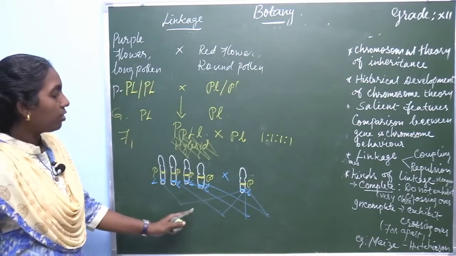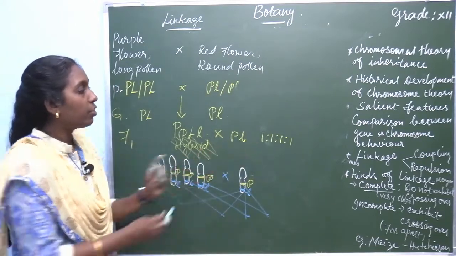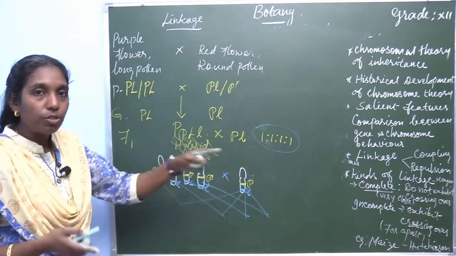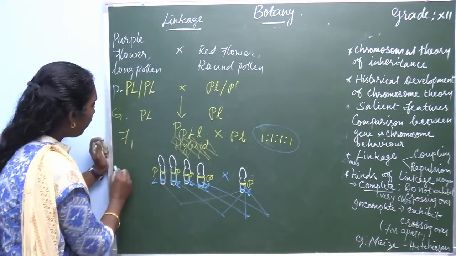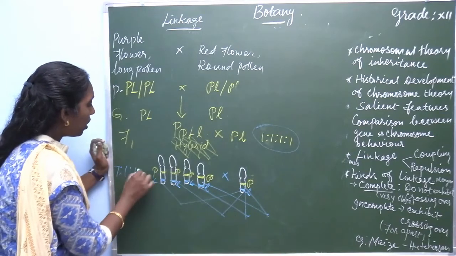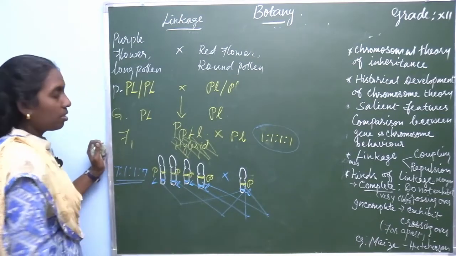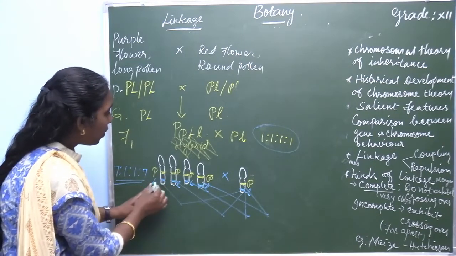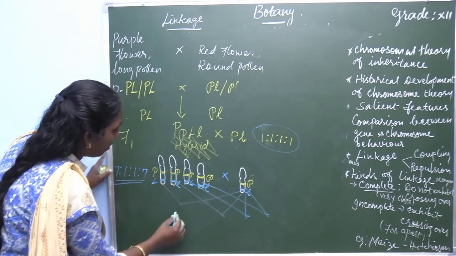So it gives the ratio 7:1. Expected ratio is this one, 1:1:1:1. Instead of this ratio, it produces 7:1:1:7. This is coupling. So it possesses capital P, capital L, small p, small l.